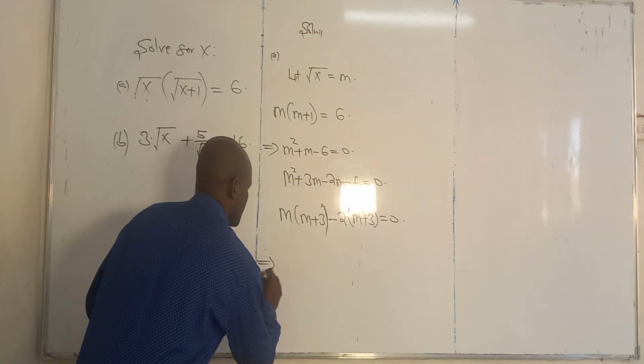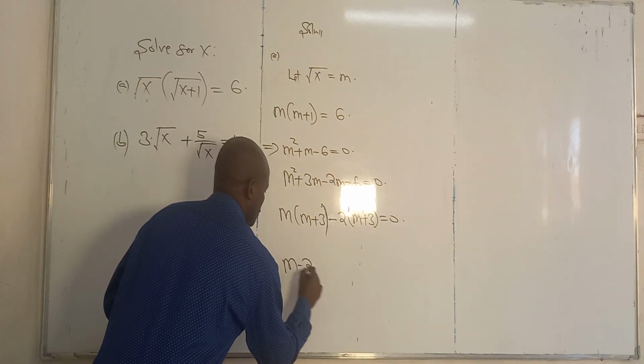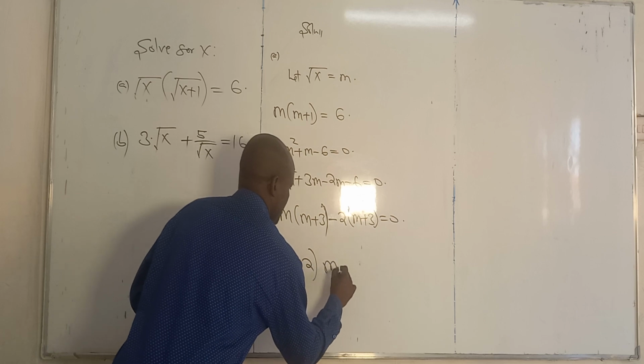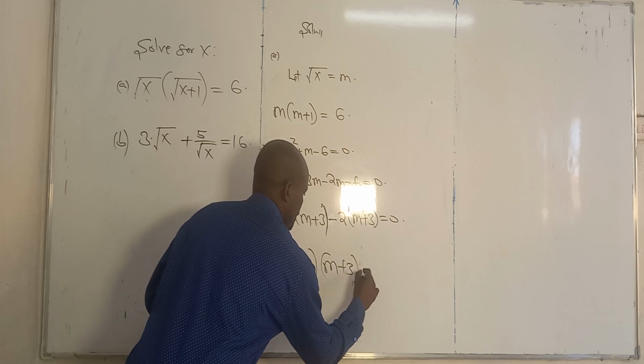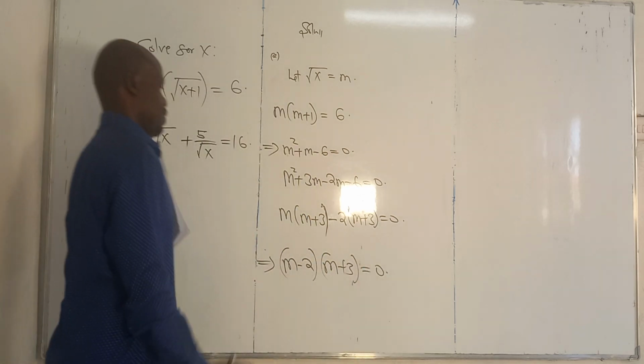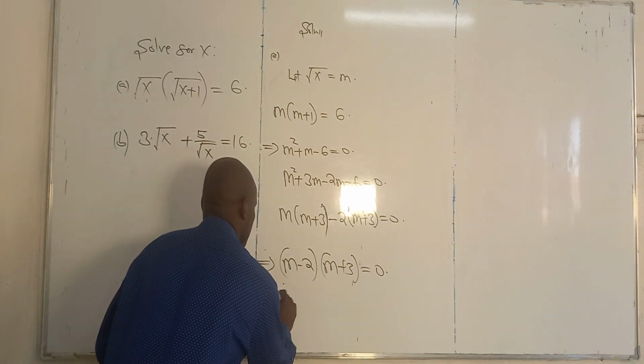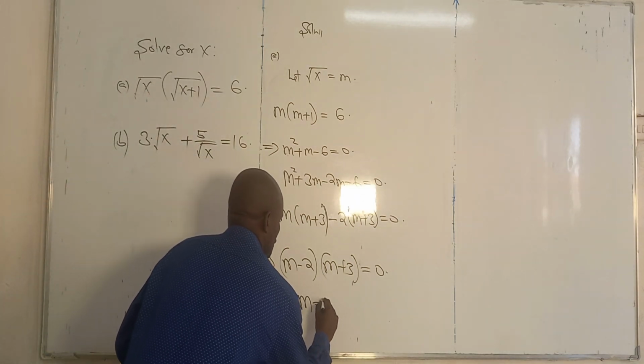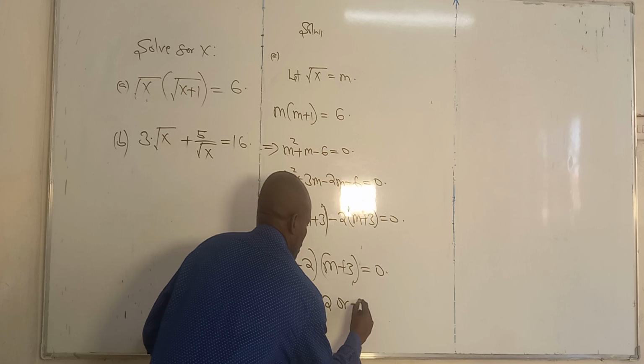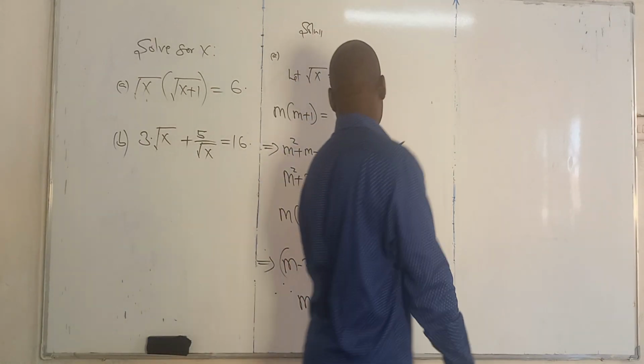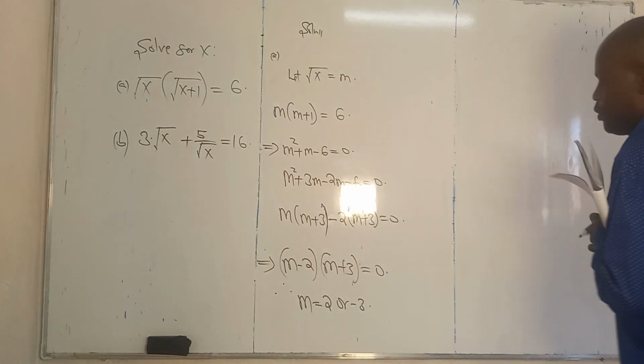That implies that m minus 2 into m plus 3 is equal to 0. Therefore, m is 2 or negative 3.